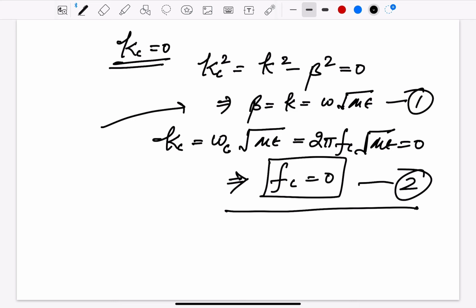Zero means DC, and this means that the TEM mode can propagate at any non-zero frequency, assuming the guiding structure can support a TEM mode. So if the TEM mode is supported by some guiding structure, then propagation at any such frequency is possible.